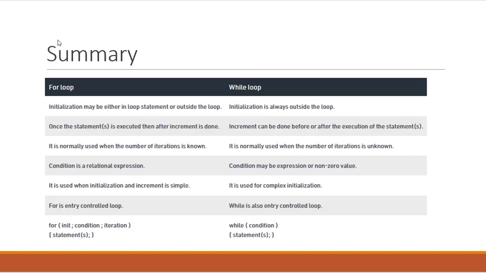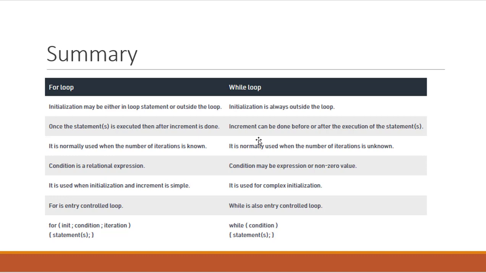So in summary, with respect to for loop and while loop, in a for loop, initialization may be either in the loop statement or outside the loop. Whereas in your while loop, initialization is always outside the loop. In a for loop, once the statement is executed, then the increment is done.